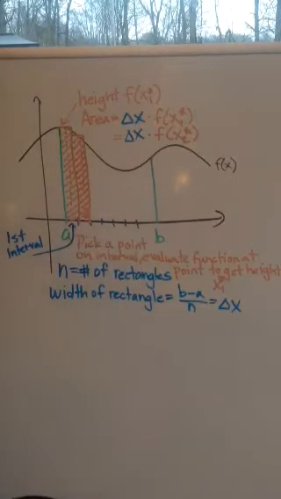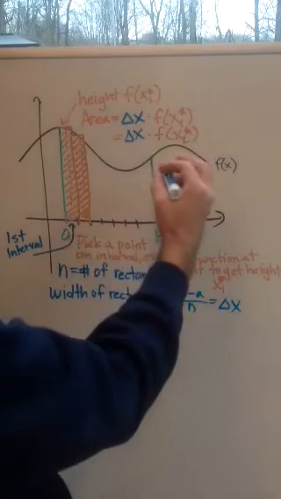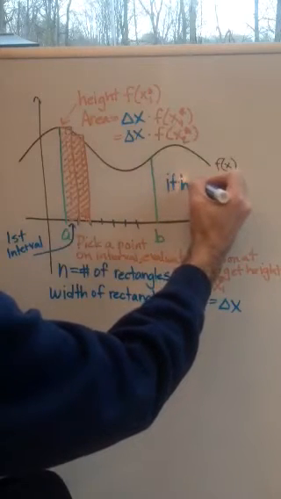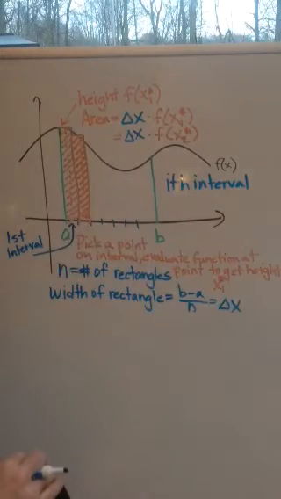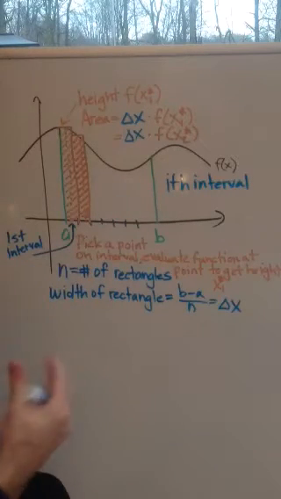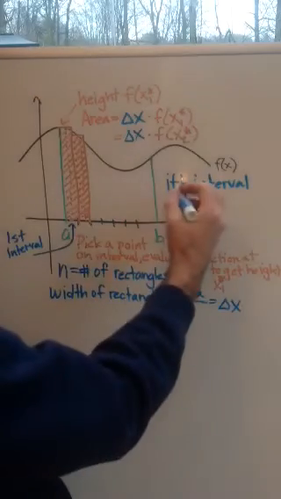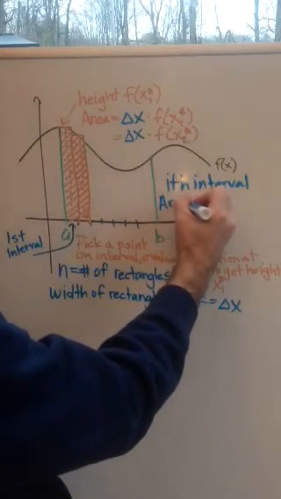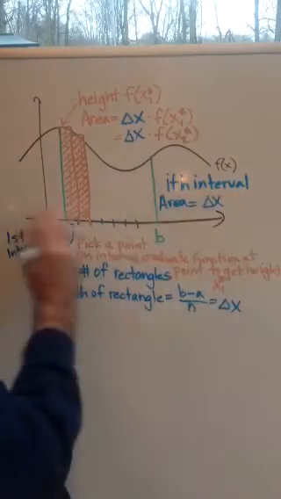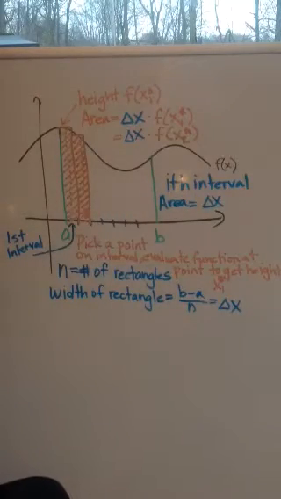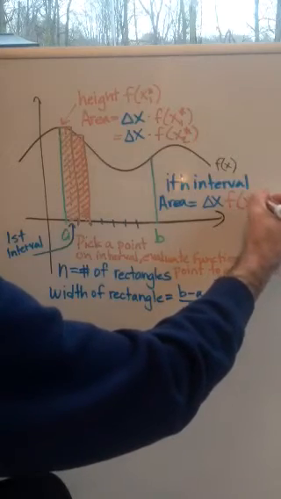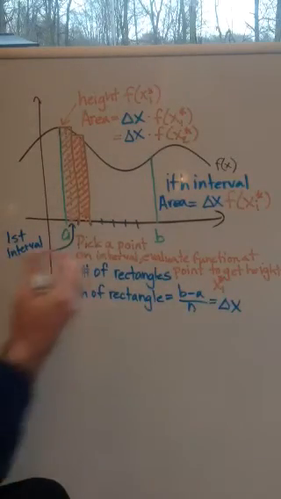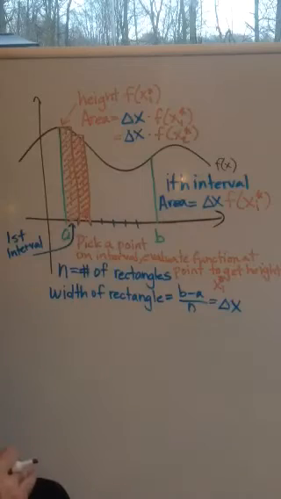In fact, I could go on any one of these intervals. We'll say on the ith interval. Ith is one of the greatest phrases to say here. On the ith interval, the area of the rectangle is going to be delta x. It's always delta x for the width of our rectangle here. And we're going to have f of x sub i star. So whatever the function's equal to at our special point on it.